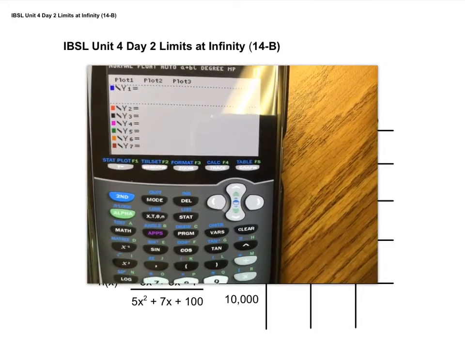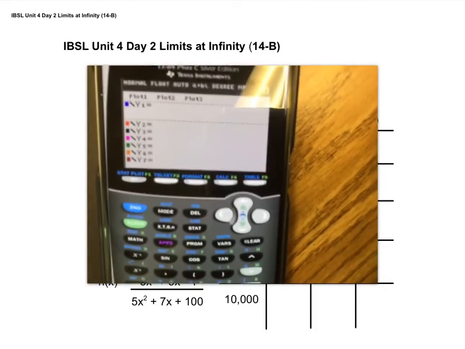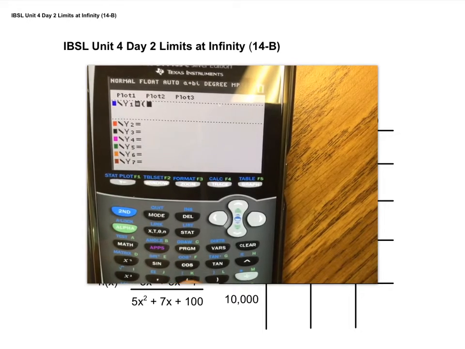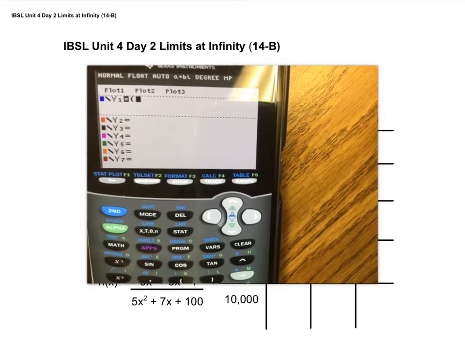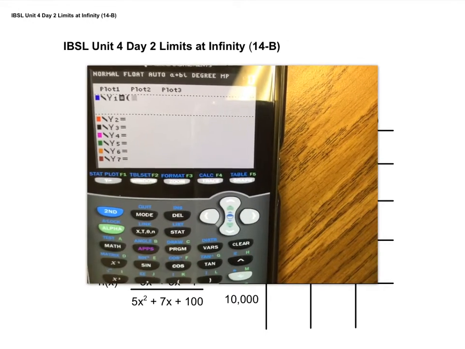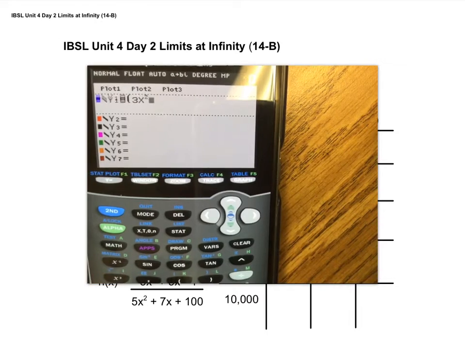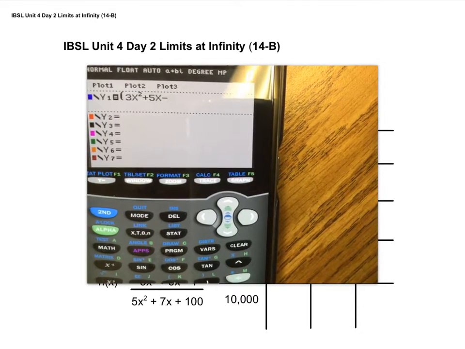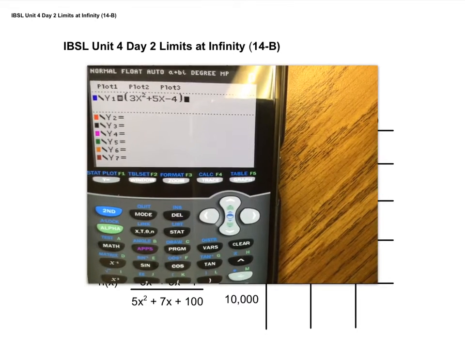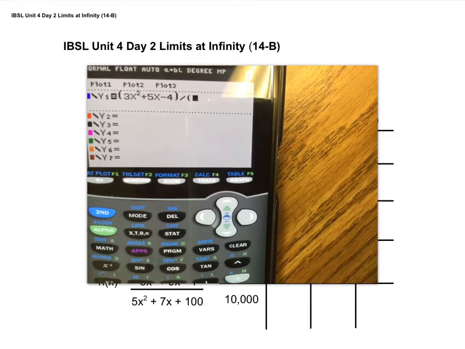Now, when you're punching in rational functions, make sure that you put the numerator in parentheses and the denominator in parentheses. Okay? So what was that f of x again? X squared plus 5x minus 4, and then divided by x cubed plus 1.